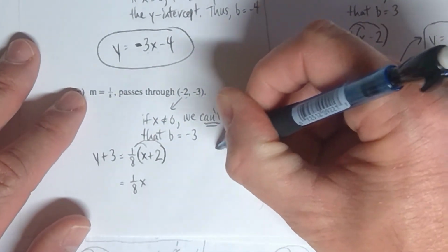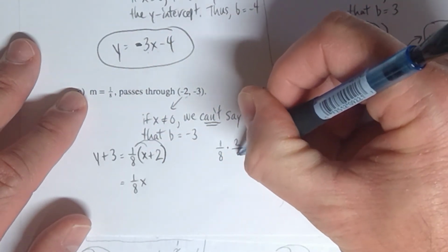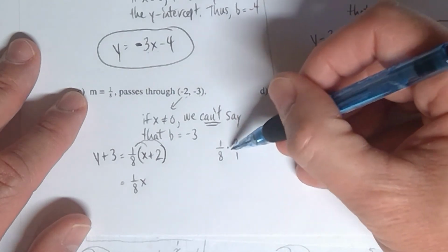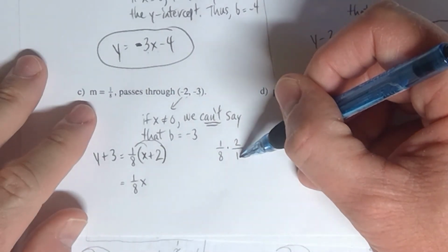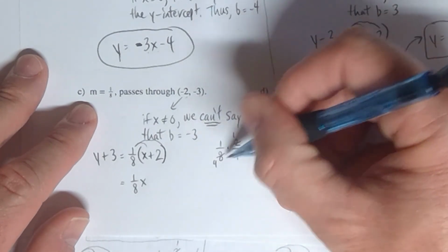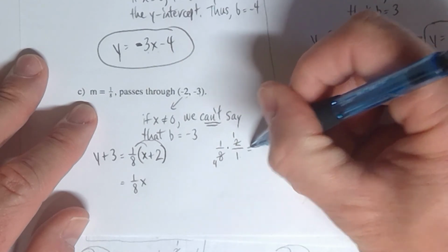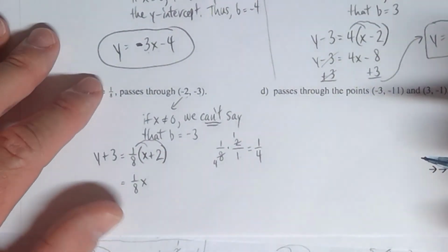The other part here, we've got to work on a little bit more. 1/8 times 2. As you guys know now, when you have a fraction times a regular number, make the regular number into a fraction also. And then you can cross cancel. Since these are all single terms, there's no limitation on the canceling at all, so you can cross cancel. You don't have to factor first or anything like that.